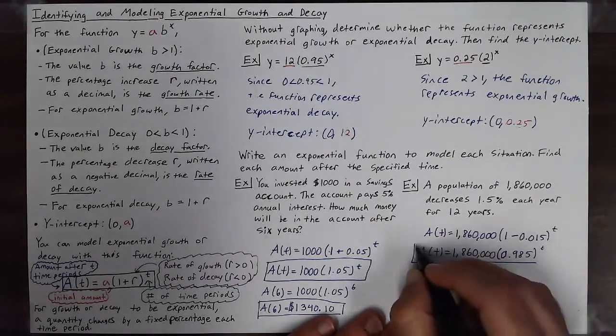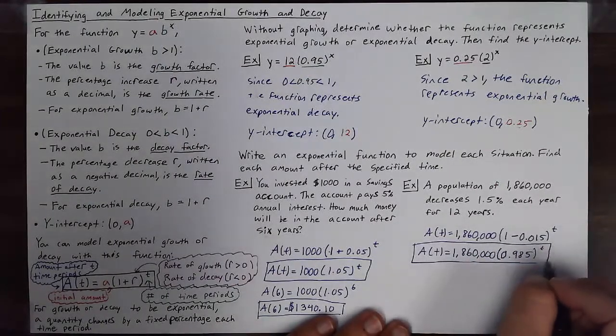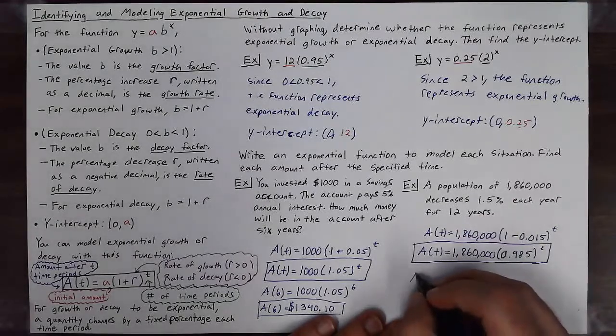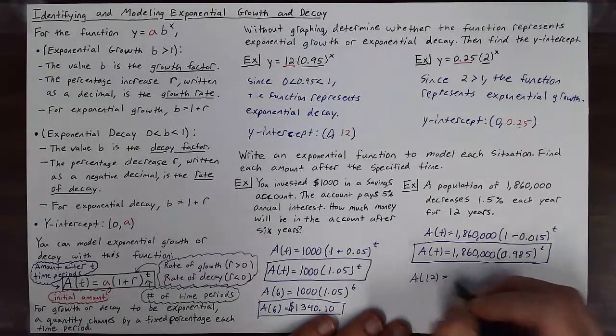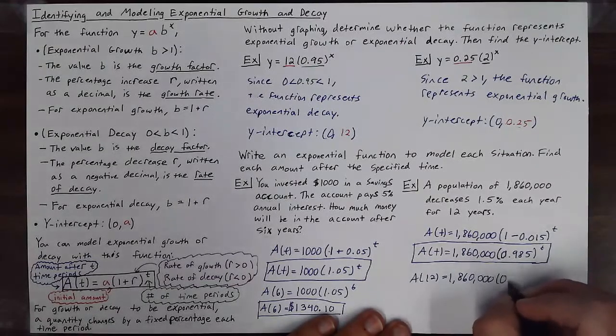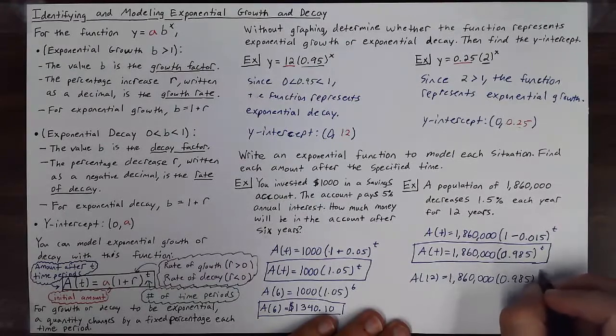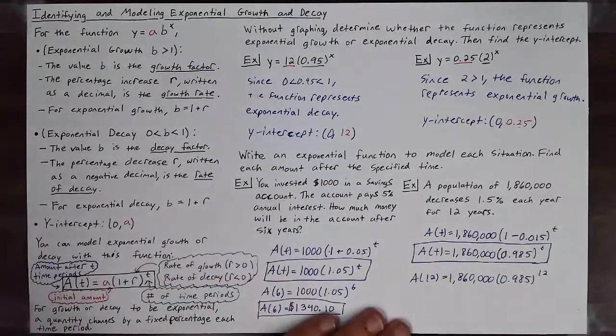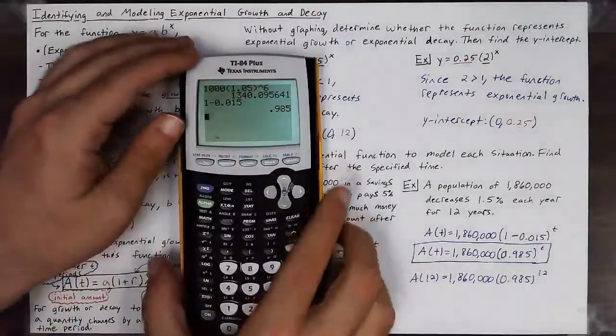But now let's see what the population will be after 12 years. So a of 12 will equal 1,860,000 times 0.985 to the 12th power, which I'm going to use a calculator to help me calculate.